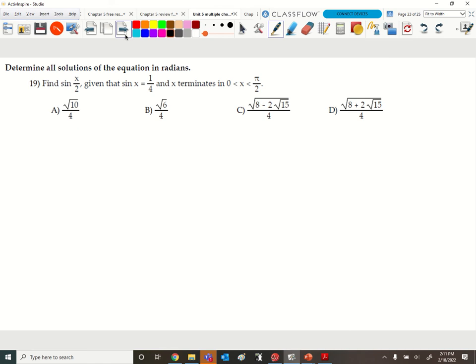All right, 19. This one right here, again, is a single angle given sine, which is my x, y, and r.